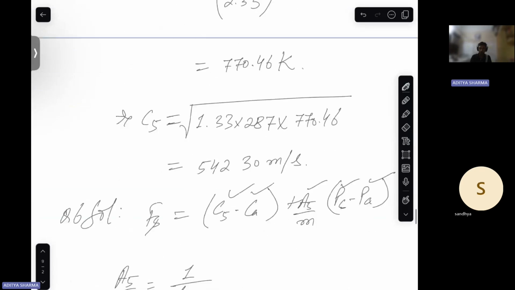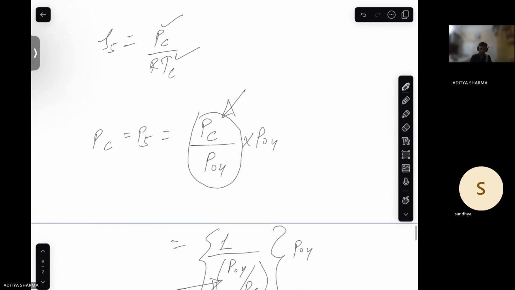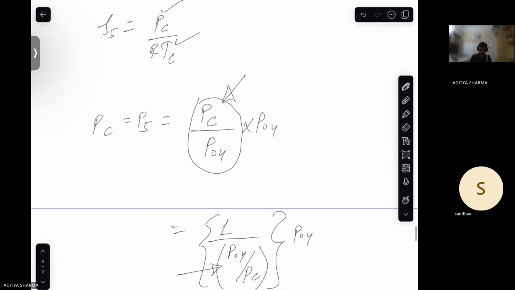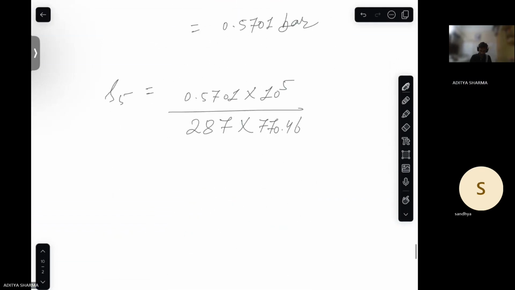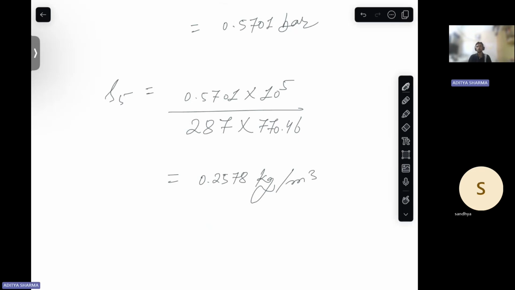So rho 5 becomes 0.2578 kg per meter cube. So this is your rho 5.